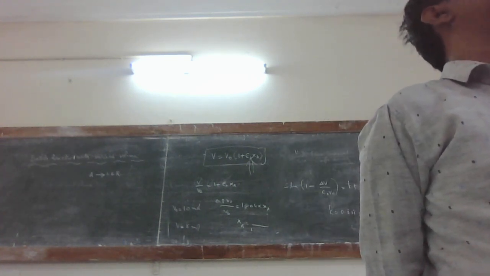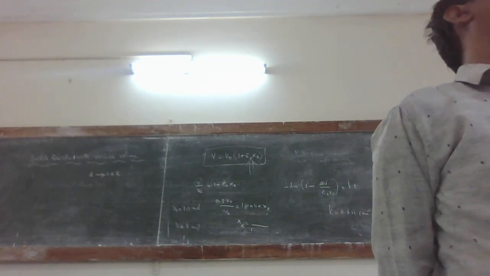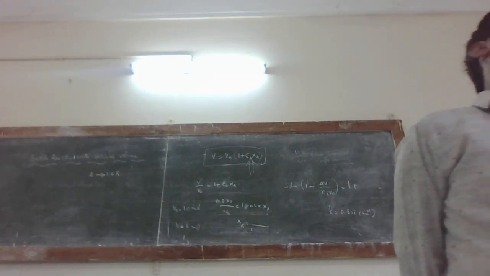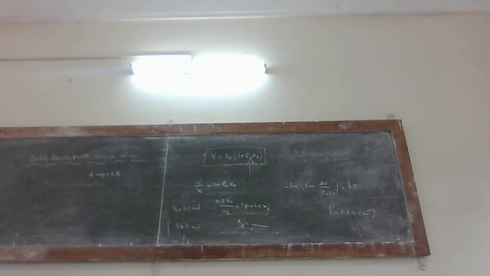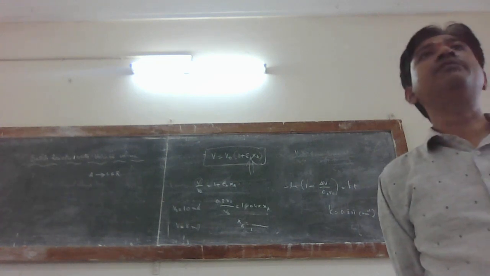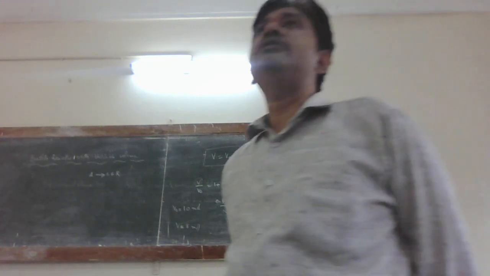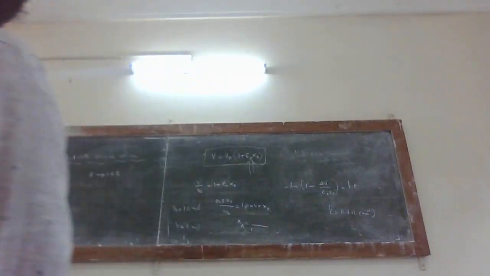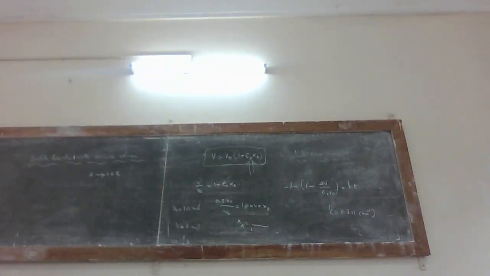Your V will become 1.5 V naught because it increases by 50%. Now you substitute. ΔV is equal to V minus V naught, that is 1.5 V naught minus V naught, by V naught.